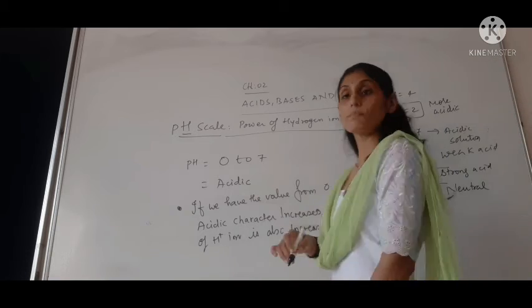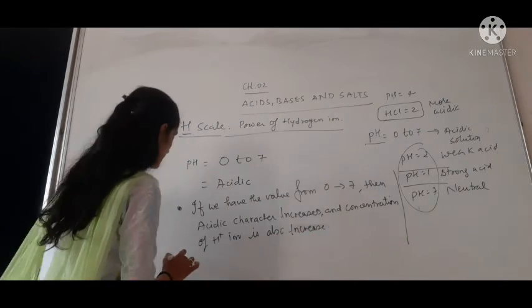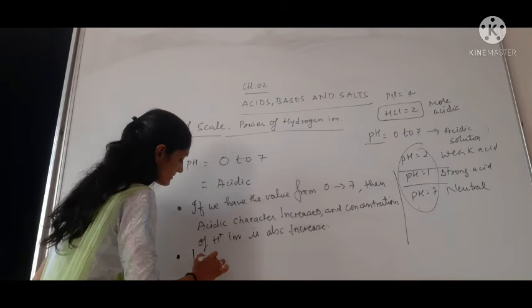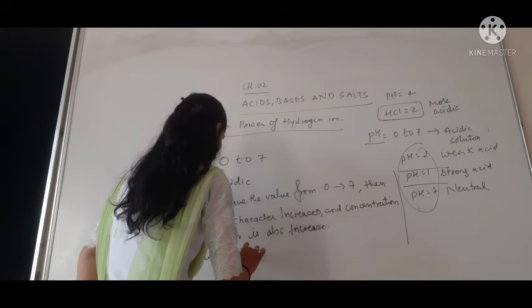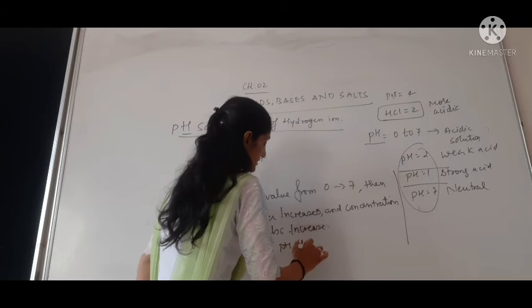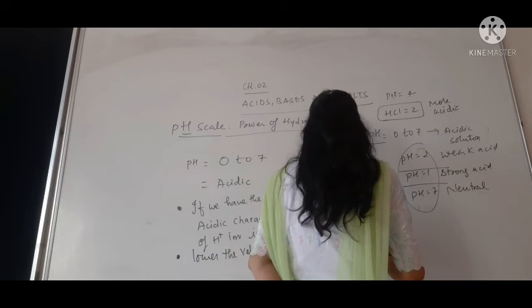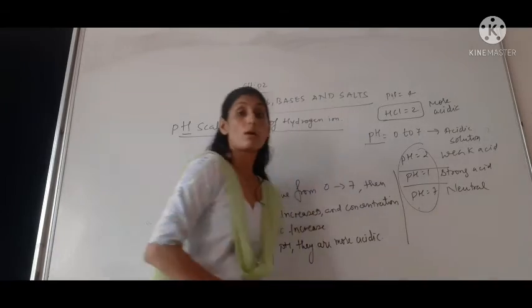Do you understand? So the pH value lower, that is more acid. So lower the value of pH, they are more acidic. Okay? So this is all about acid.